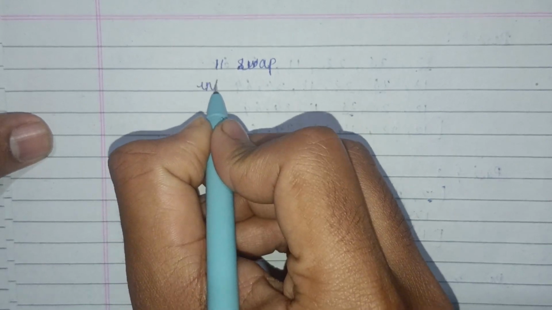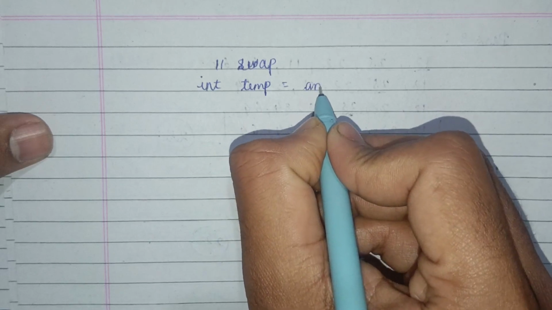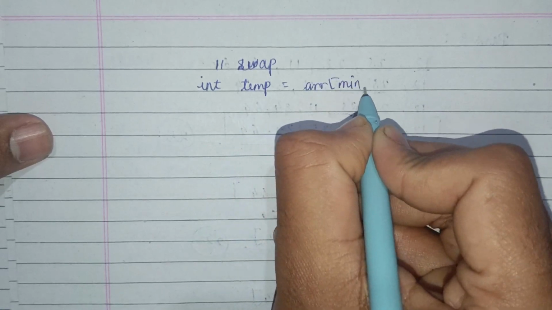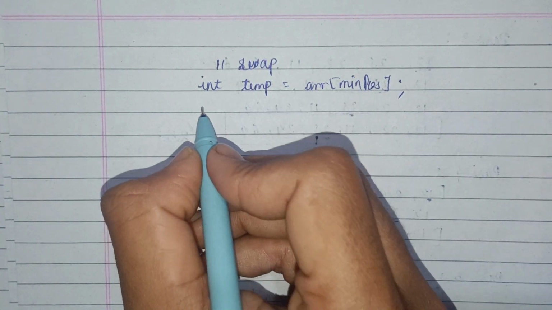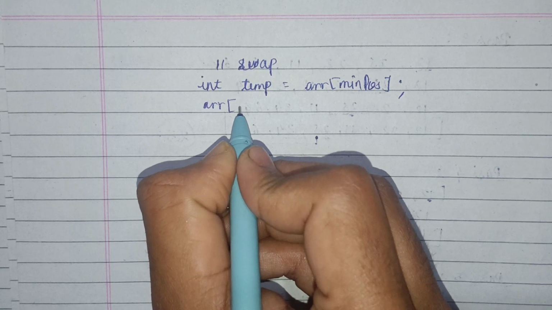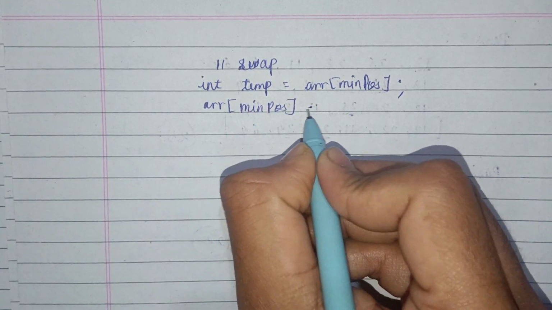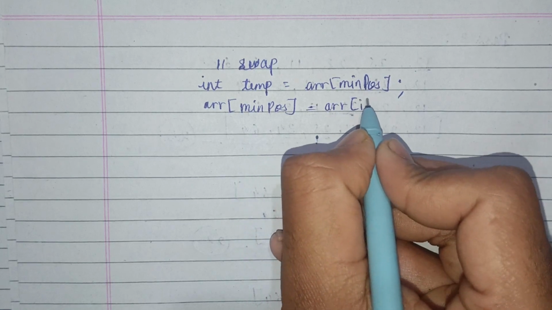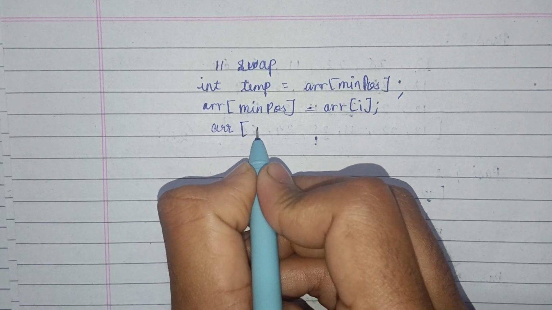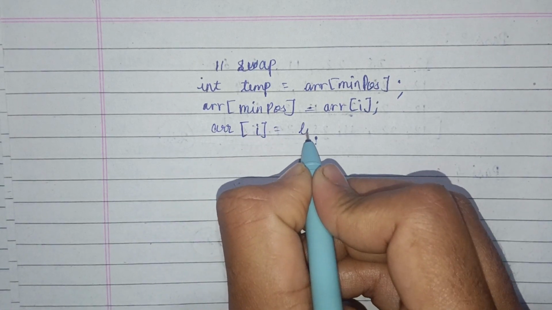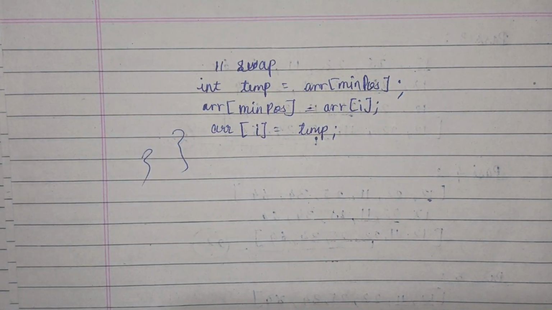So we take a third variable temp and initialize it with array of min position, then array of min position will be initialized with array of i, and array of i will be initialized with temp. So we have swapped the elements.